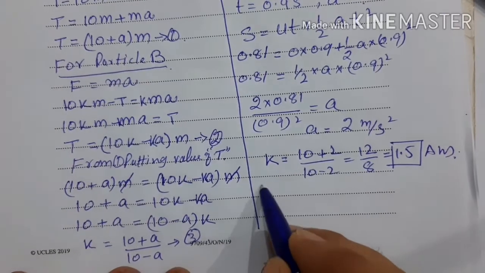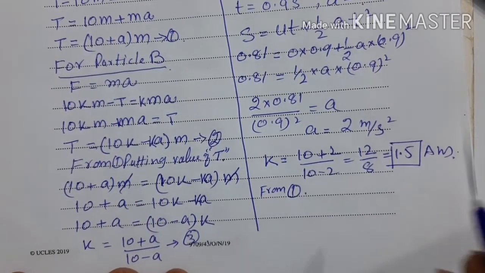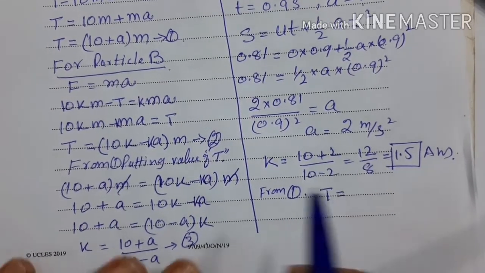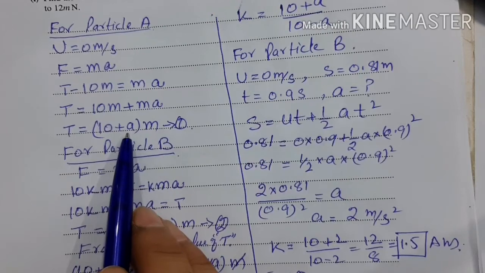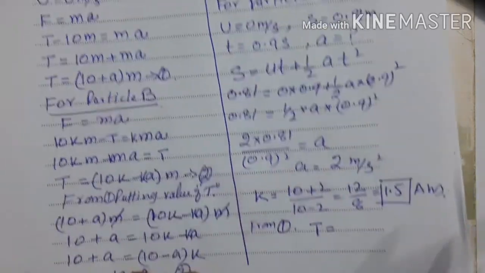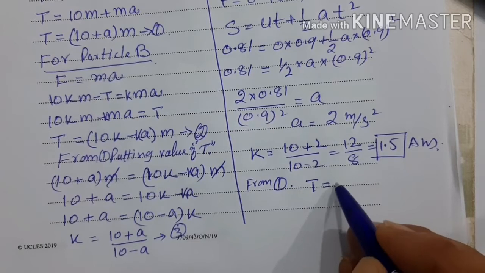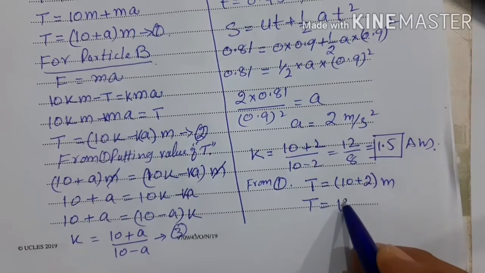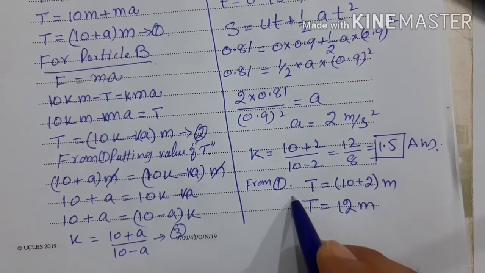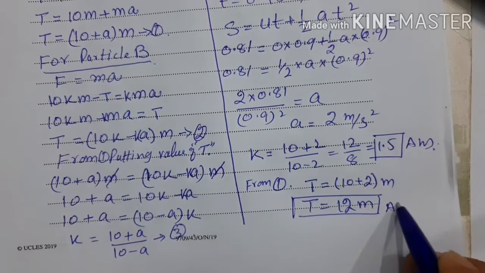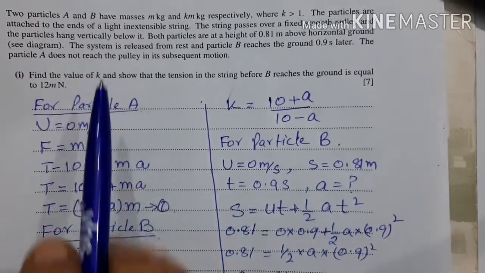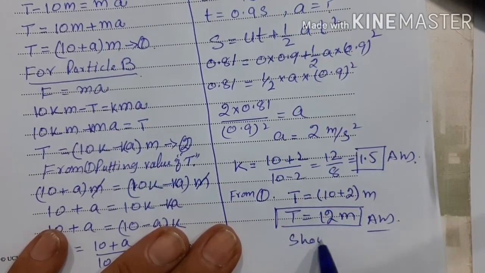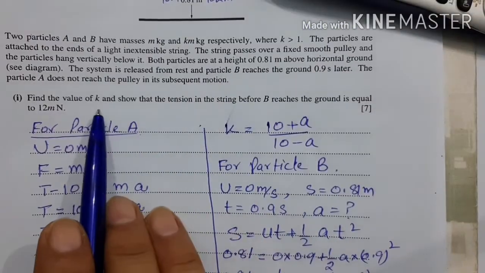So from 1, T is equal to (10 plus a), 10 plus 2, into m, which is 12m. This is the answer of the second quantity. So this is shown, 12m, and I have found the value of k as well.